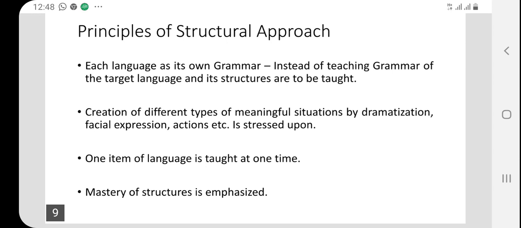One item of language is taught at one time. Definitely this is the most important point in the structural approach: if a teacher is teaching in the class, he is teaching one structure of a sentence. If he starts mixing the sentences, then the target will again not be achieved, and the student will not learn effectively.